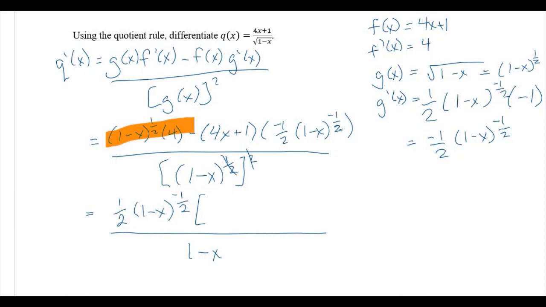If we divide that out, it's like saying 1 minus x to the power of 1/2 divided by 1 minus x to the power of negative 1/2. So in fact, it becomes 1/2 plus 1/2, or it becomes 1 minus x to the power of 1.